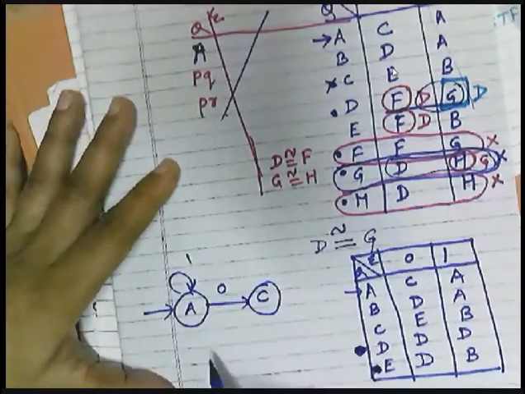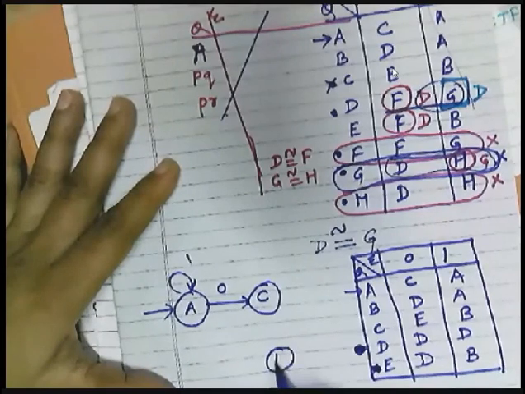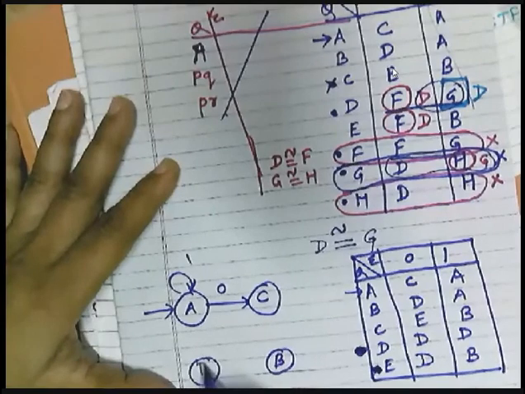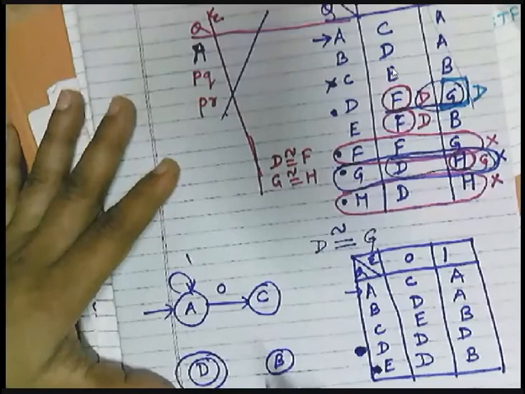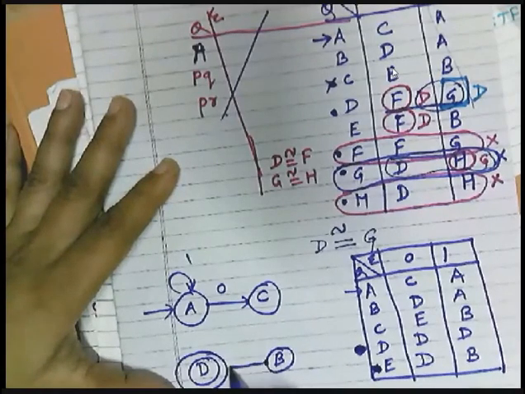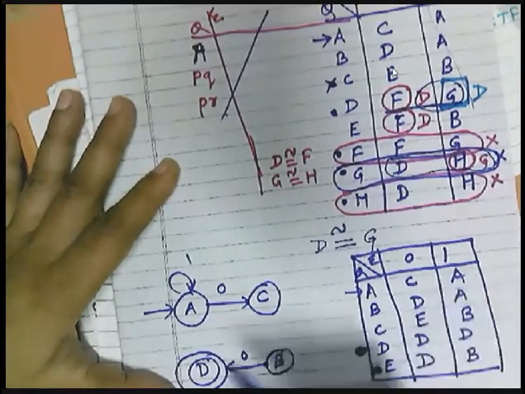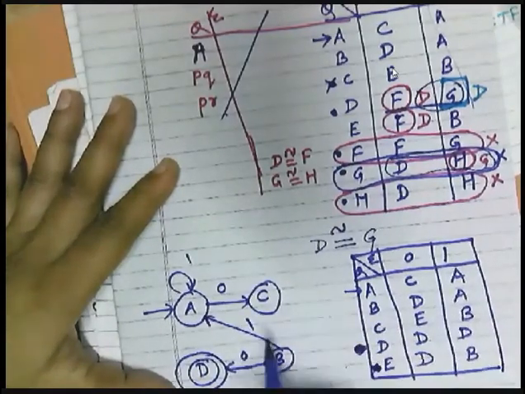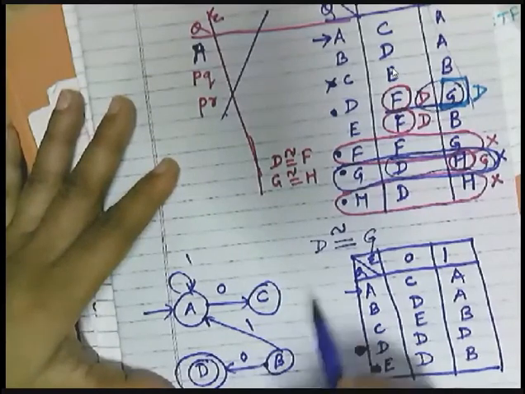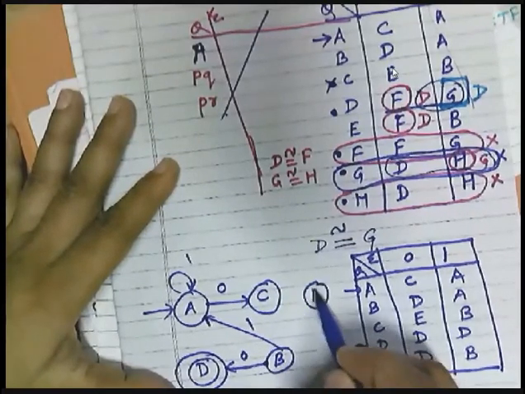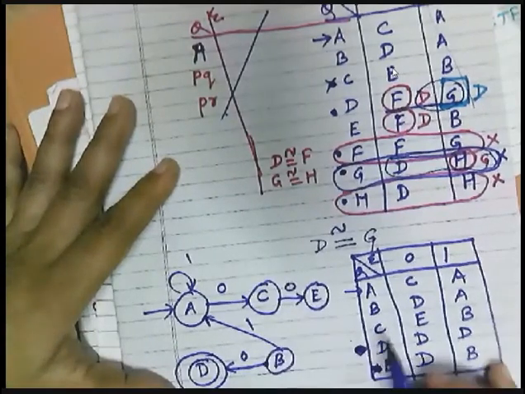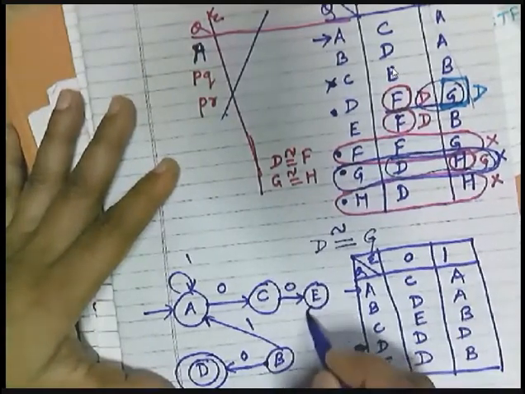Suppose this is B, B on 0 moves to D. D is a final state, so let me mark it as final state. B on 1 moves to C. Then there will be another state E, so C on 0 moves to E, C on 1 moves to B.